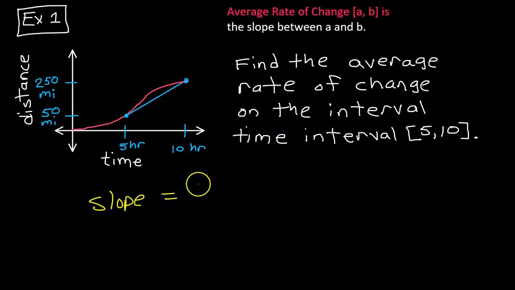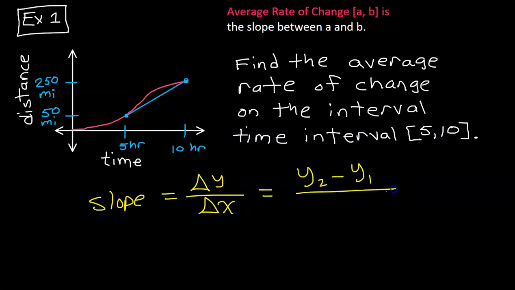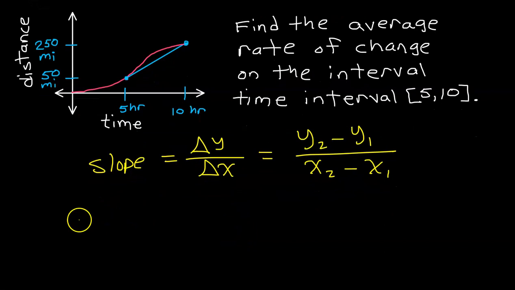And we know that the slope is the change in y divided by the change in x. In other words, it's y2 minus y1 over x2 minus x1. So if you're finding the rate of change, you're just really finding the slope. I'm going to put ROC for rate of change. So the change in y is just going to be 250 minus 50.